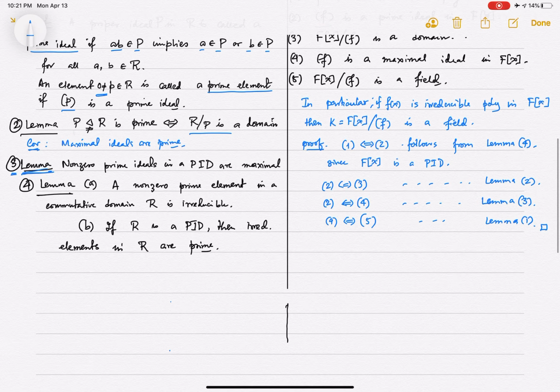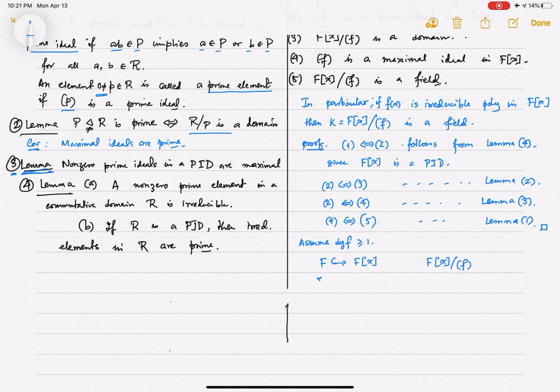Okay. And the last thing I want to say is that you can identify F inside F[x] mod (f). So assume f has degree at least 1. Not necessarily irreducible even. If it's irreducible, then it's certainly degree at least 1. Now F we have already identified inside F[x] as degree 0 polynomials.